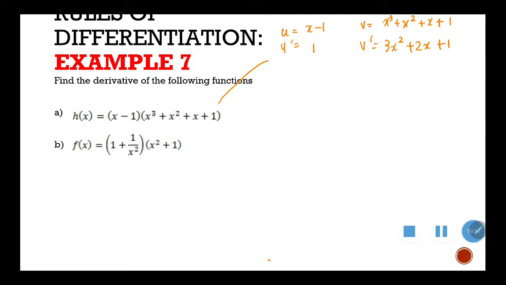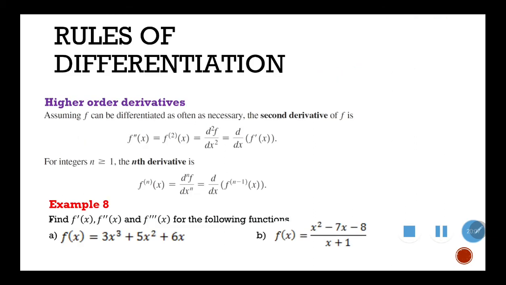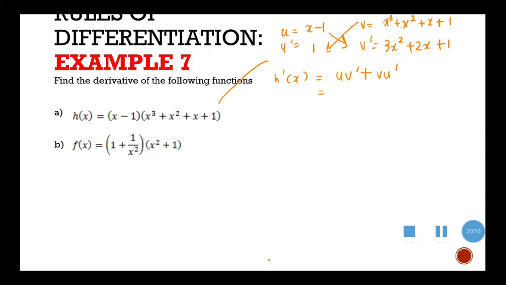So how do we find h prime of x? It should be u v prime. Now we are using the formula for the product rule.